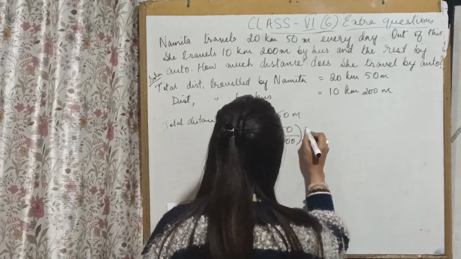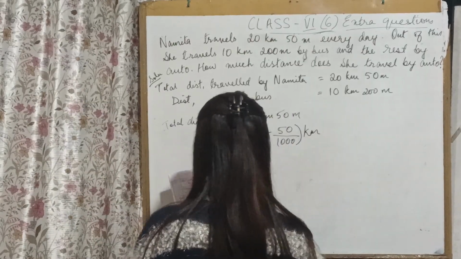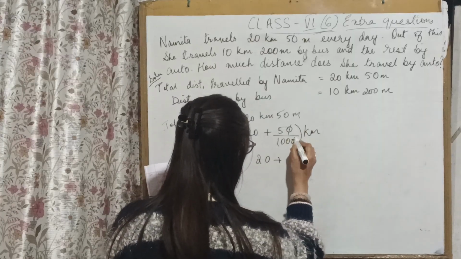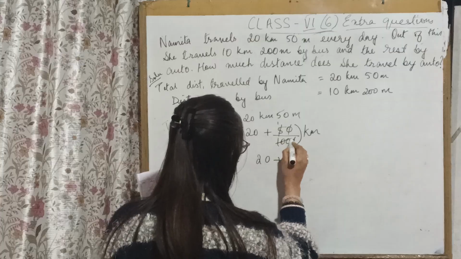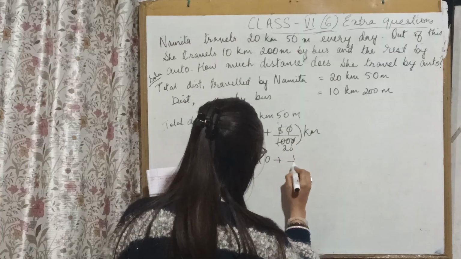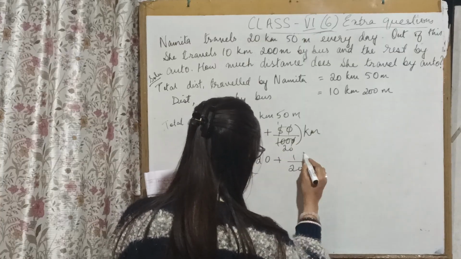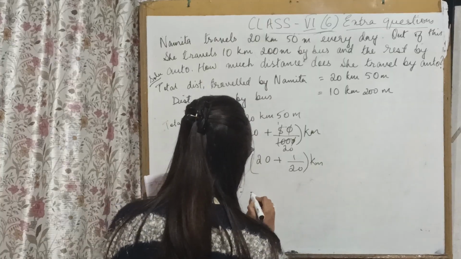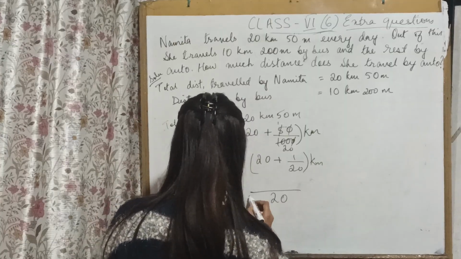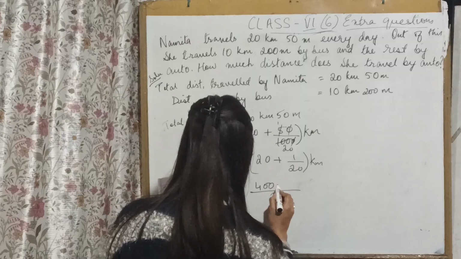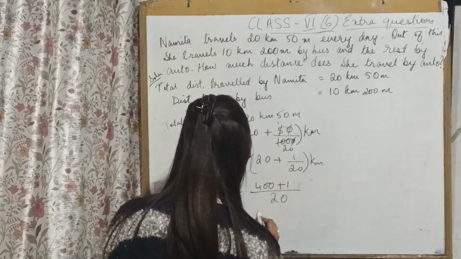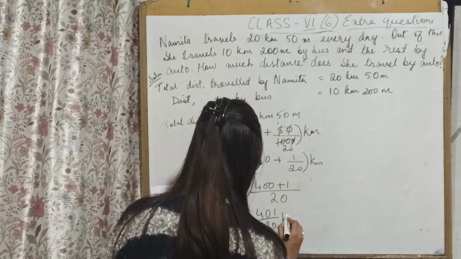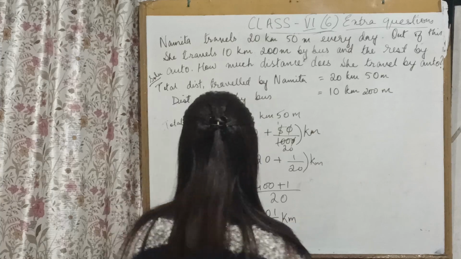So everything is in kilometer. 20 plus, cancelling here, 5 ones are 5, 2, 1 by 20. This is kilometer. So taking LCM, this becomes 400 plus 1. That is 401 by 20 kilometer.